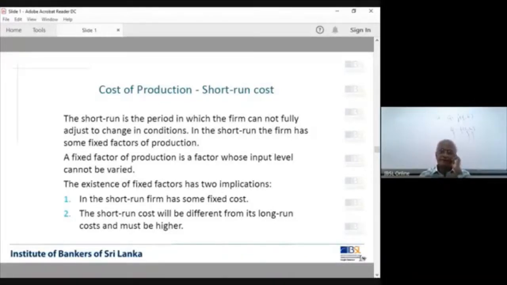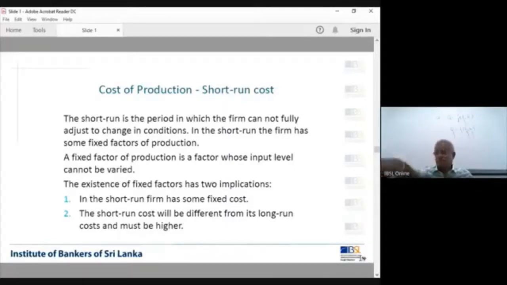A fixed factor of production is a factor whose input level cannot be varied. The existence of a fixed factor has two implications. That is very important. In the short run, there is a fixed factor, maybe the number of computers fixed. In the short run, the firm has some fixed cost. Because of the fixed factor, you have the fixed cost. Total cost of production has a fixed cost.